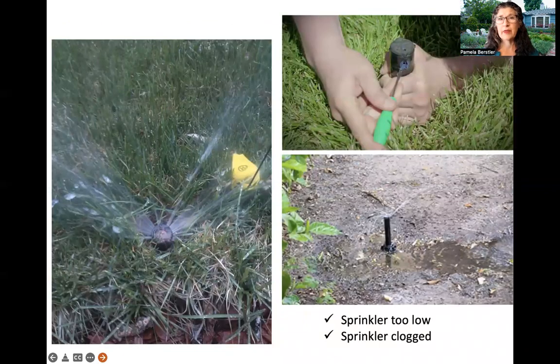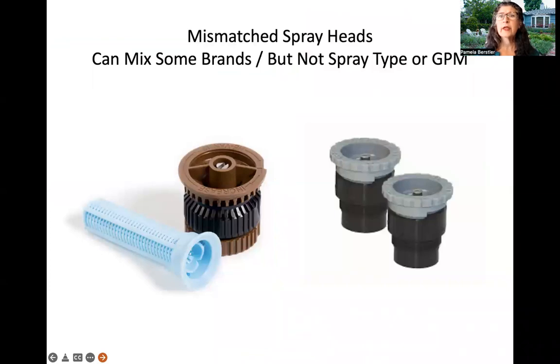It's possible that there are clogs in the nozzles, or that they're sunk so low beneath the grass that they're not getting high enough to water where they are supposed to. A very common thing that you'll see are mismatched spray heads. You can mix some brands, they'll be interchangeable, but not all of them. And you do want to make sure that the spray type and the gallons per minute stay consistent.